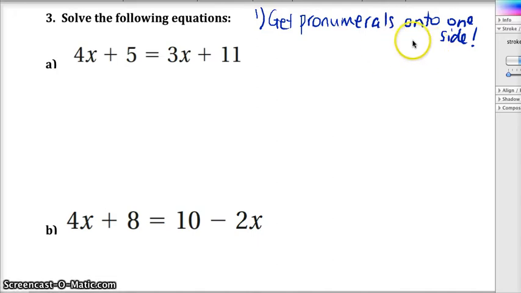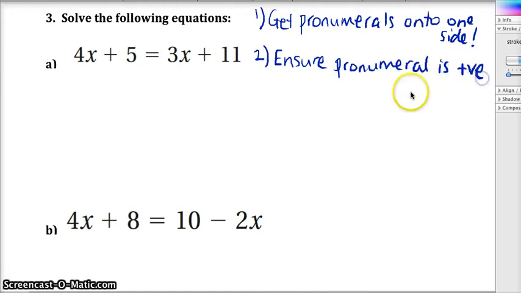And you don't just want to move it onto one side. You want to move it onto a side that makes the pronumeral positive. So the second step is to ensure that the pronumeral is positive, where possible. It won't always be possible, but where you can, you want to make the thing with the letter positive.